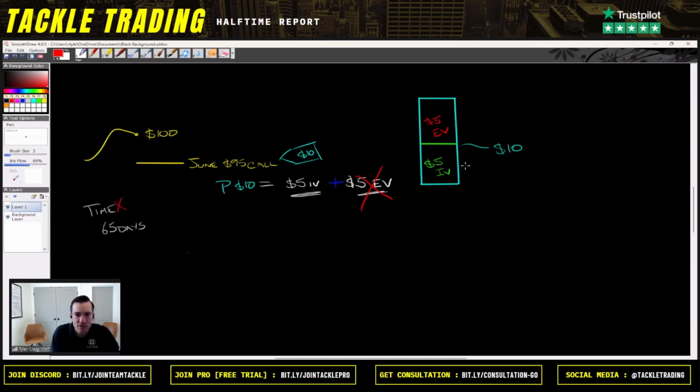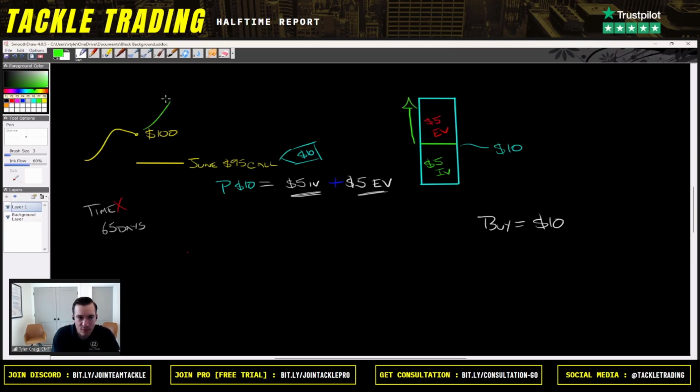Okay. And so if you're an option buyer, if I buy this call option, I'm paying $10. What am I hoping? Well, I know that incrementally this $5 of extrinsic value is going to go away. What I'm hoping is that the intrinsic value will increase.